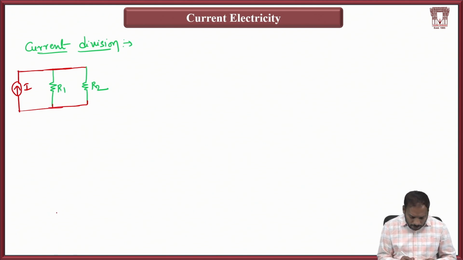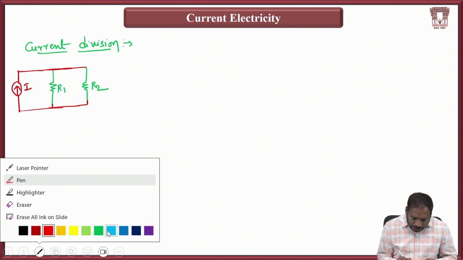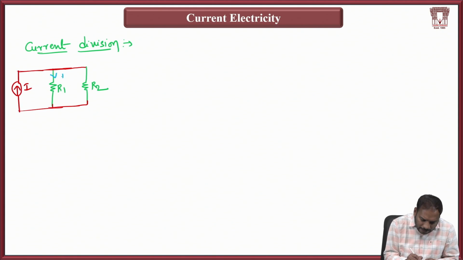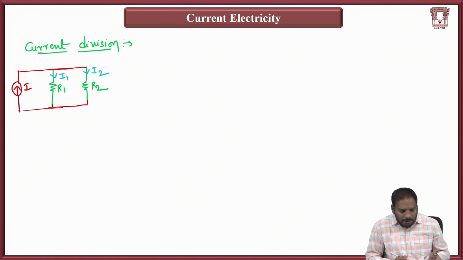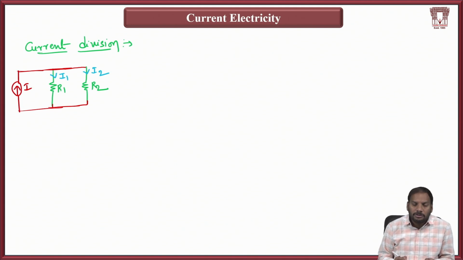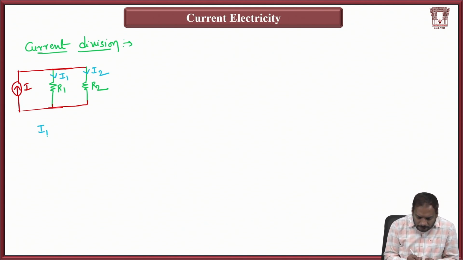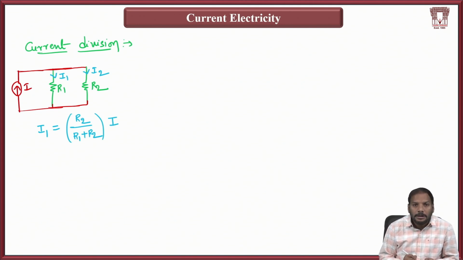In this scenario, how will you calculate the current through the individual resistors? That means this is I1 and this is I2. Here the current division will help us directly calculate the values of I1 and I2. The value of I1 is given as, it is always the opposite resistance, that is R2 divided by R1 plus R2, multiplied with the total entering current in this parallel combination.